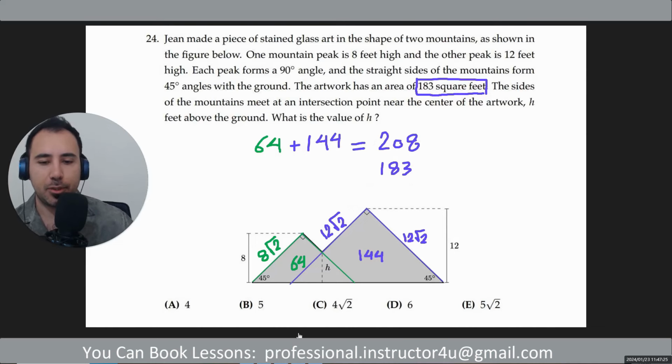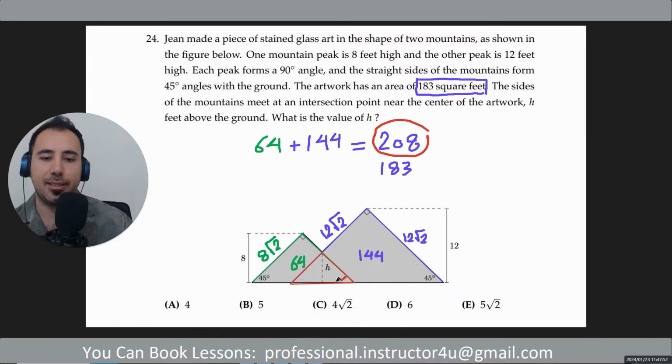Do you agree that we overcounted this area? When we were finding the purple area, we already counted this part, and when we did the green area, we counted it again. So that's why this one is 208, okay?